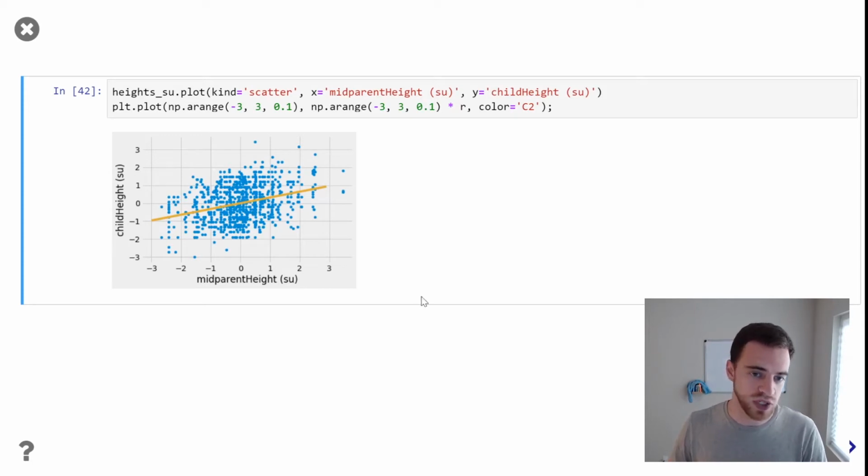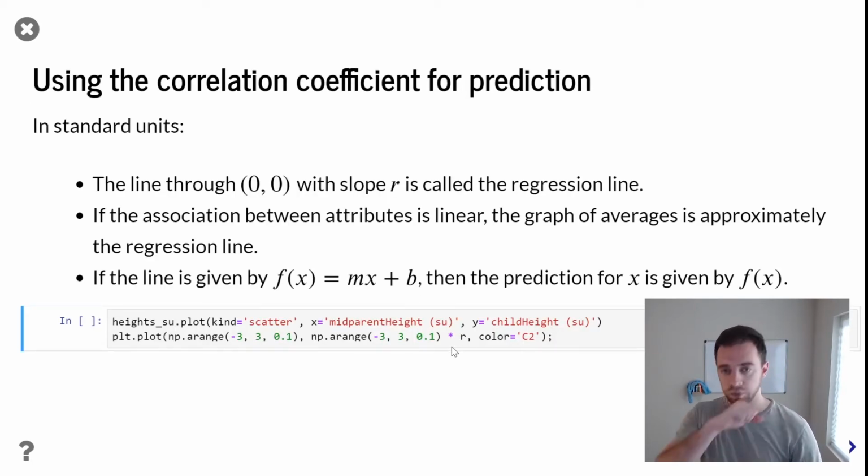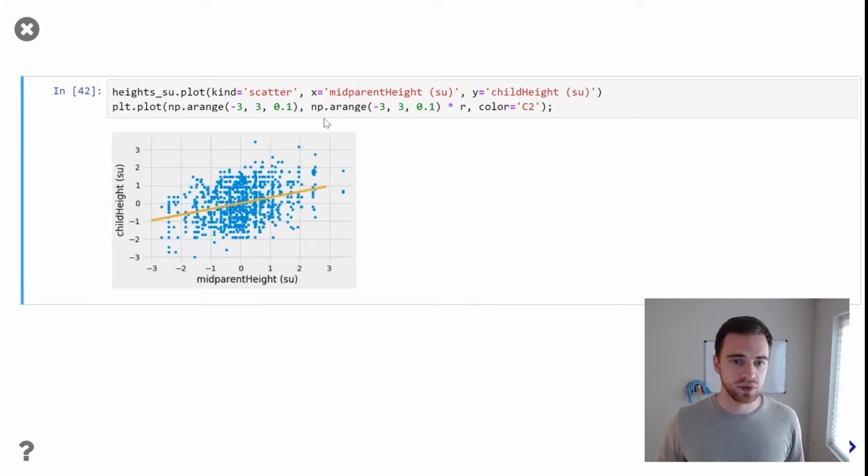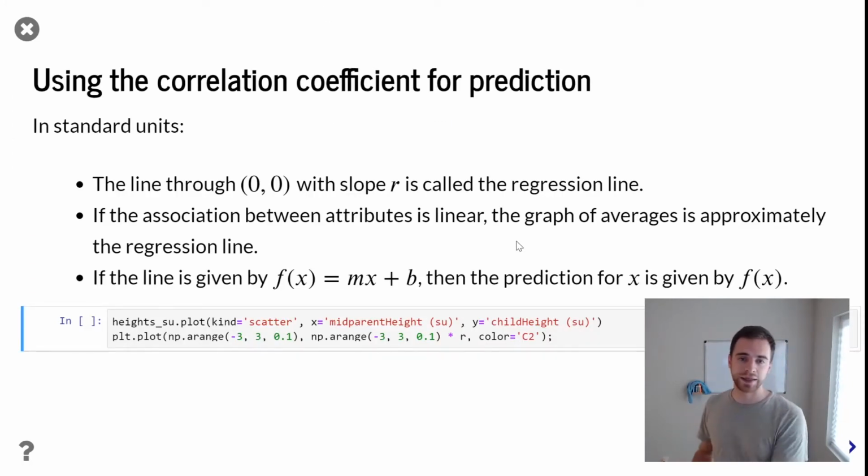It's going to go through the origin. So it turns out that this correlation coefficient, which captures how associated two variables are, can be used for prediction, can be used for regression. This golden line here is what we call the regression line. It's a line through the origin with slope equal to the correlation coefficient.